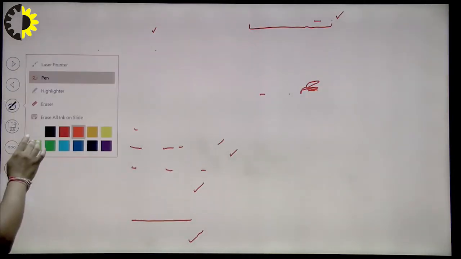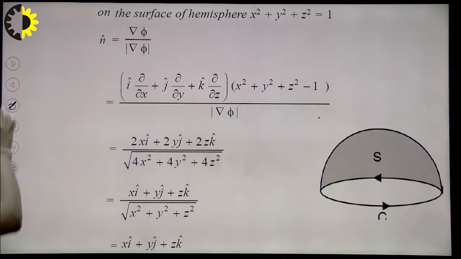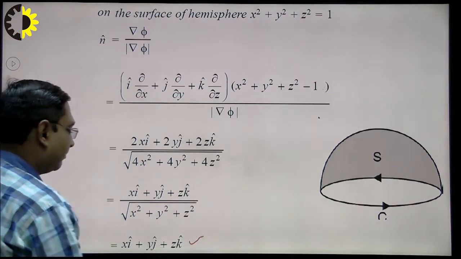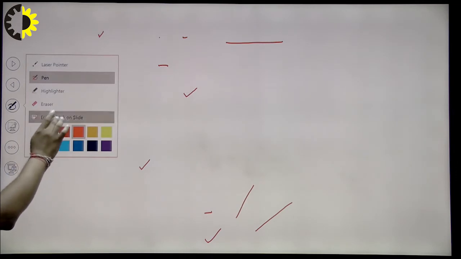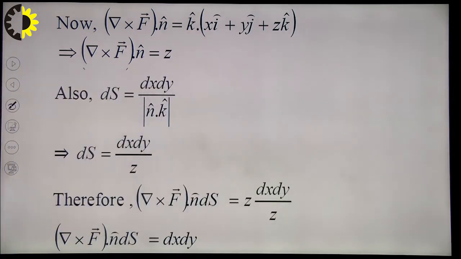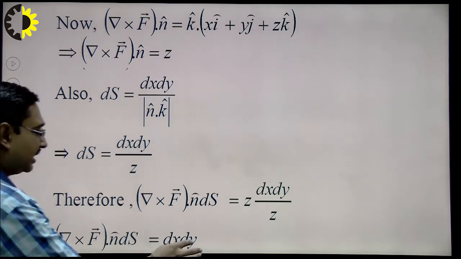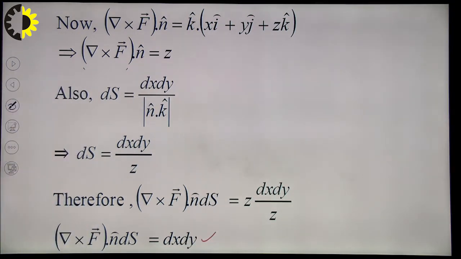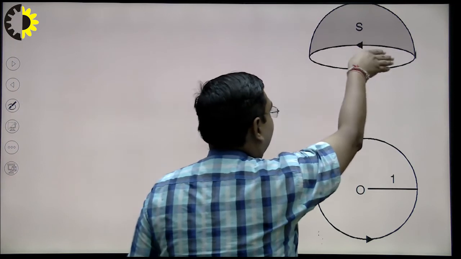This n cap was calculated using the gradient of phi. This value was the value of n cap. Then del cross F dot n cap was calculated. Then we calculated ds, so that del cross F dot n ds became simply dx dy, and simplification leads simply to dx dy.